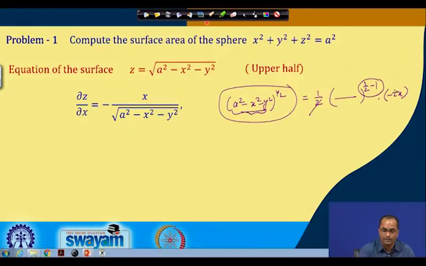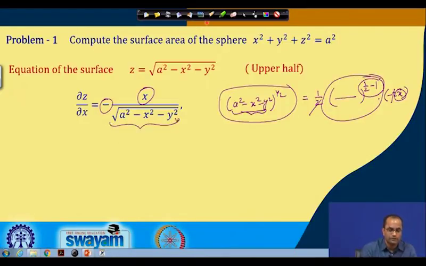So, this 2 will get cancelled, and we will have the minus sign, and this x in the numerator, and this power which is minus half is coming in the denominator.